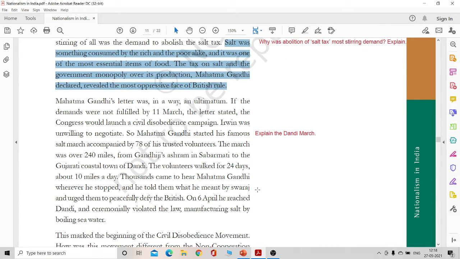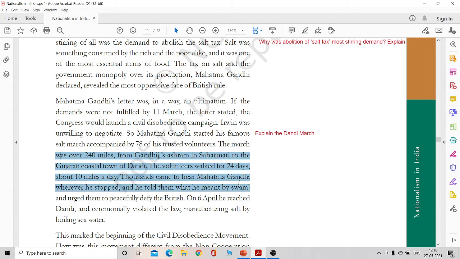Here what it meant was only the British could produce salt and no one else, and this is exactly what Gandhiji did. How did he break the salt tax? When we say civil disobedience movement, it's not about just non-cooperation but also particularly breaking laws, and he broke this salt law, right? He marched for over 240 miles from Sabarmati to the Gujarat coastal town of Dandi, and the volunteers walked for 24 days, and thousands came, and on 6th April he reached Dandi and ceremonially violated the law, manufactured salt by boiling seawater, right?